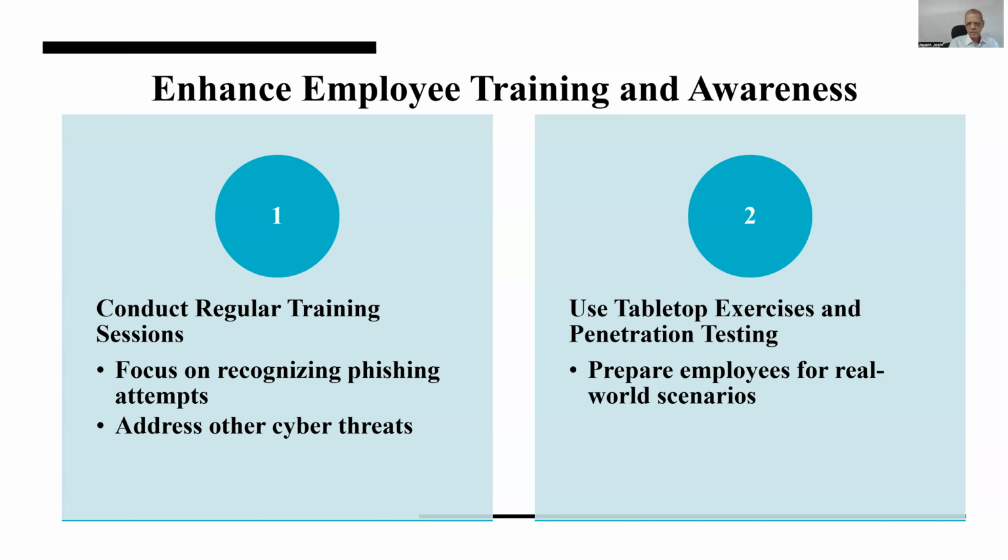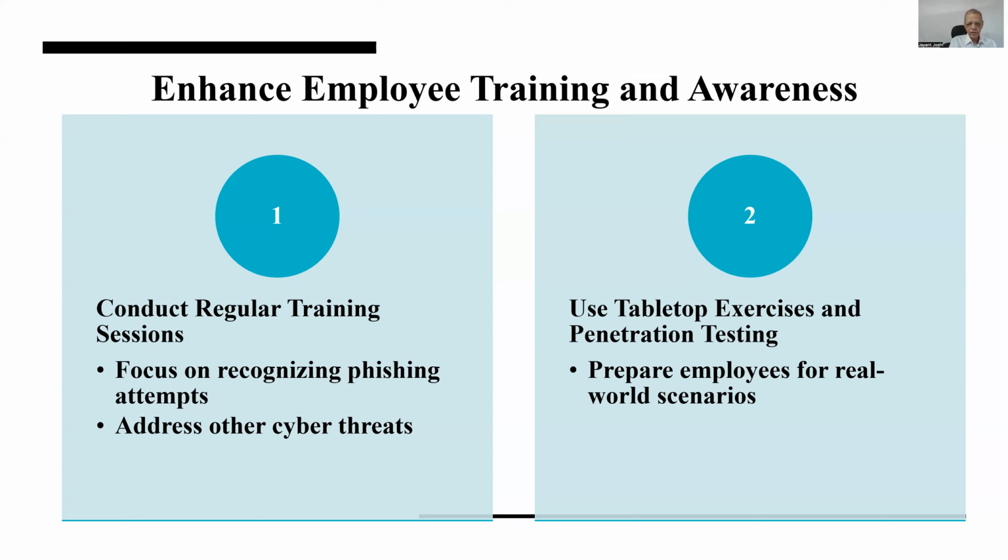Enhance employee training and awareness. This is the most important thing. We are trying to do a lot of automation, and IoT is already being considered. But finally, it is still employee driven, those skills which are driving the entire supply chain management processes.